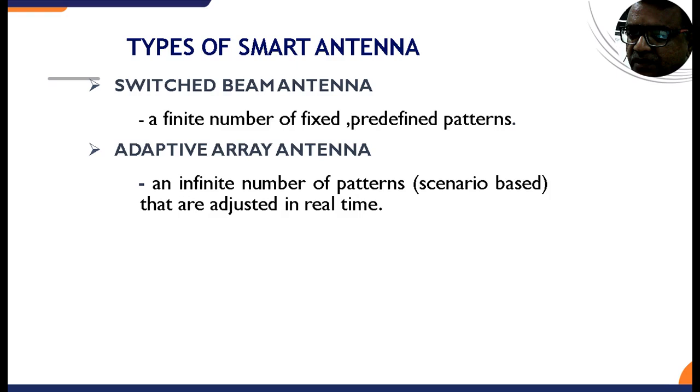The types of smart antenna systems are switched beam antenna and adaptive antenna array. In the switched beam technique, a finite number of fixed predefined patterns are produced. In the adaptive antenna array, an infinite number of patterns are adjusted in real time based on the scenario.